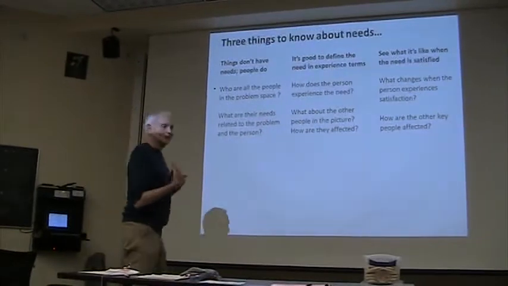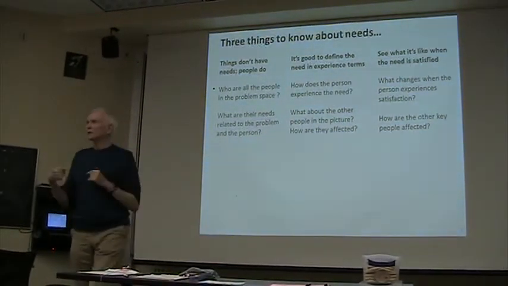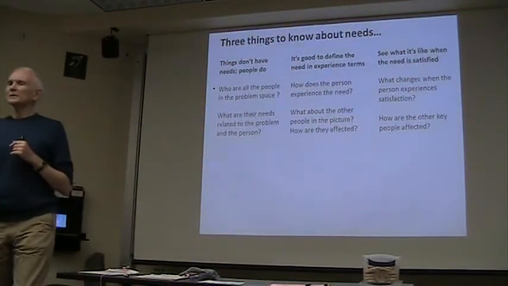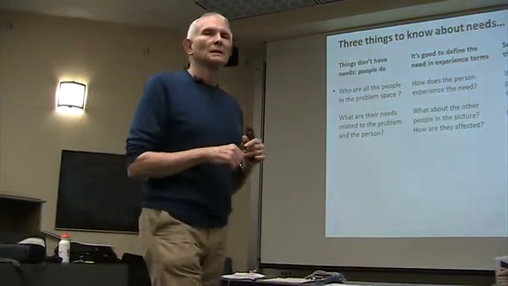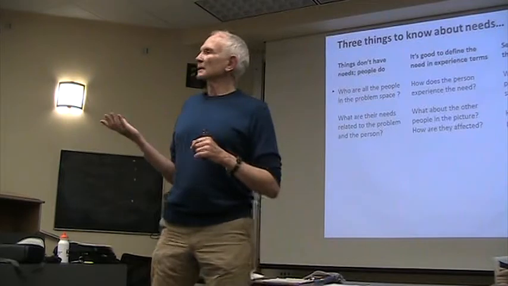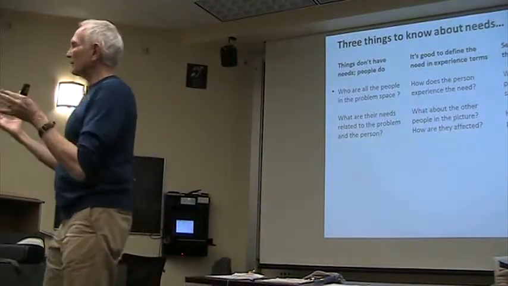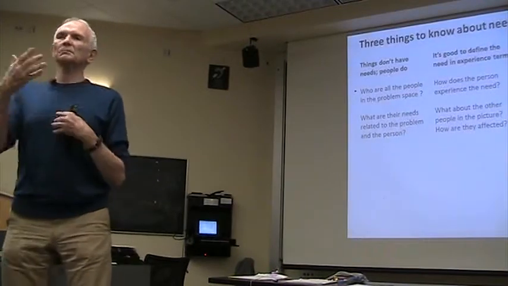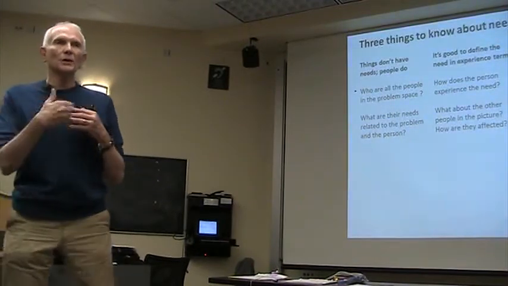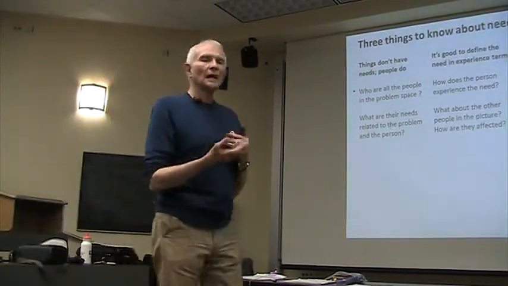Second thing is, define the need in experience terms. Talk about what the experience is. We say things don't have needs, people have needs. Try to understand what is the experience the person is going for. Say, I need a softer chair.